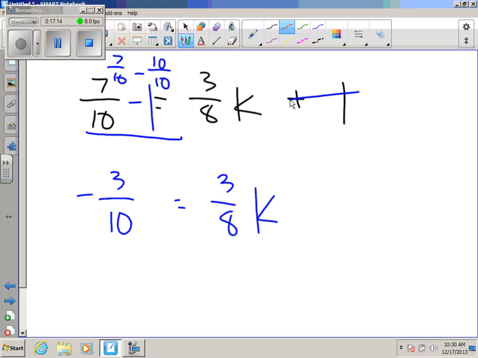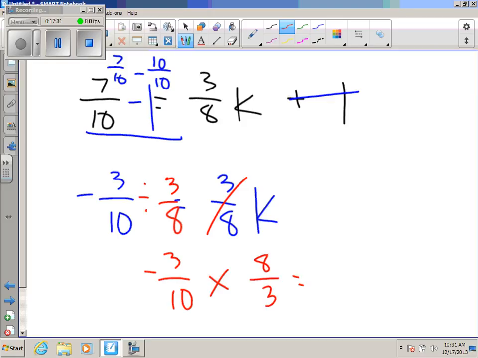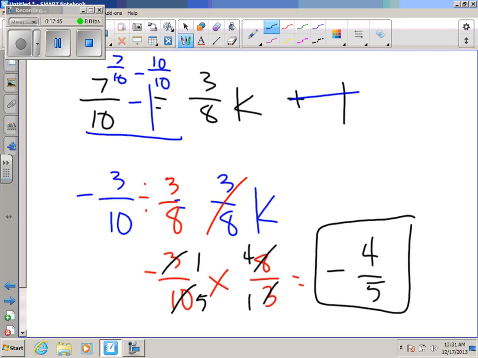The opposite would be to divide both sides by 3/8, which would mean we would have to flip the 3/8, and 3 and 3, 4 and 5 would give us negative 4. So it looked good, you just didn't have the right denominator.